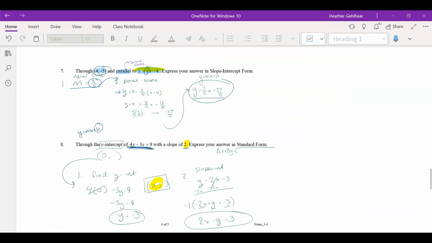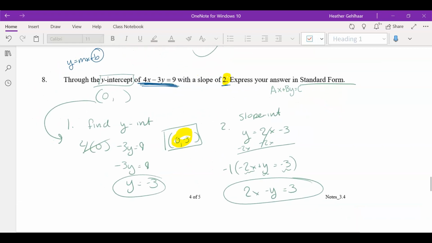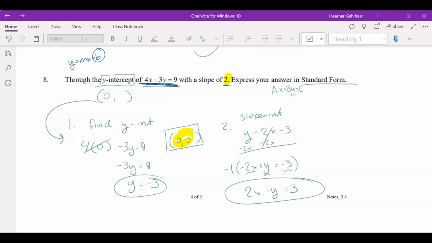Okay, so then here we're going to get our final answer. You find your y-intercept either by getting it into slope-intercept form, or what you can do is actually plug 0 in for your x, because that's why you have x here. Then at this point, you can go ahead and solve for whatever y is, and then use that.